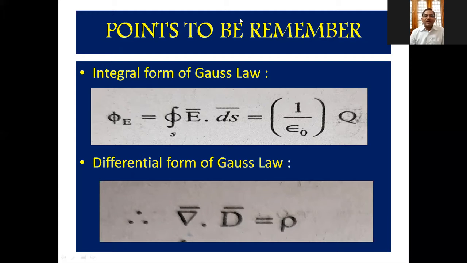The differential form of Gauss law is also important from the entrance point of view: del bar dot D bar equals rho, where D bar is the displacement vector and rho is the volume charge density. In other words, del bar dot E bar equals rho by epsilon naught. These two formulas are very, very important from the entrance point of view.